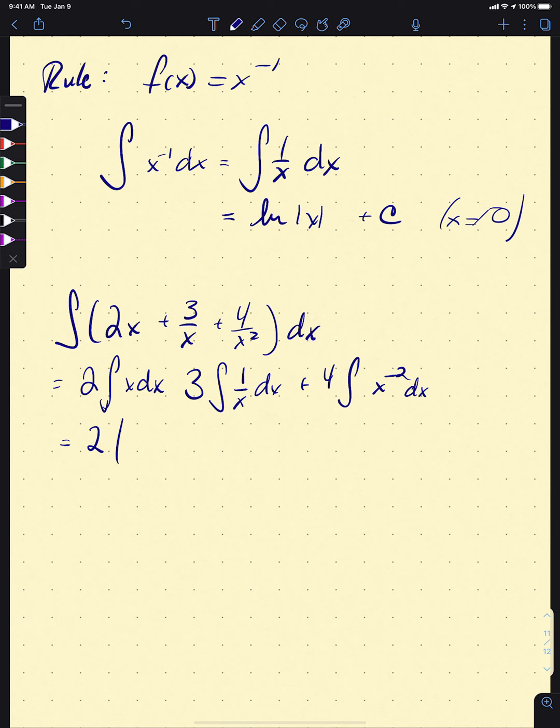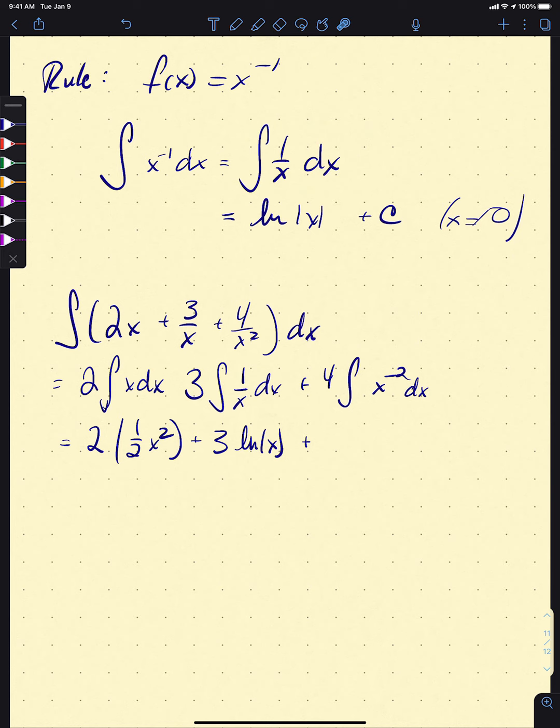We're going to get 2 times 1 over 2 x squared plus 3 times the natural log of the absolute value of x plus, and this is where we actually have to be a little bit careful. It's very, very tempting to try and fit this guy into the framework of that one, right?